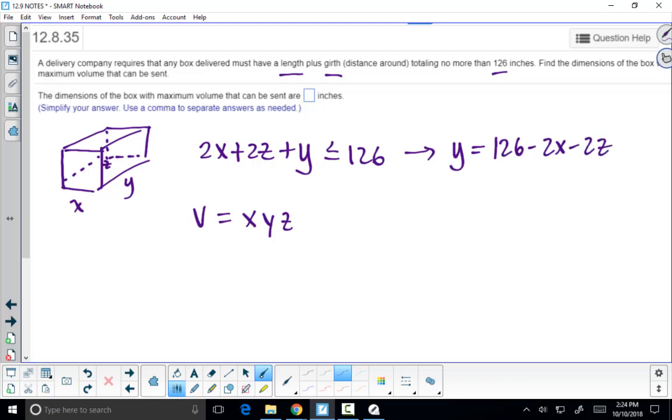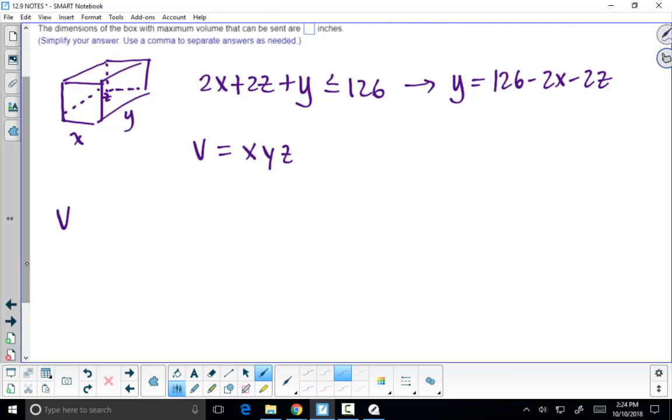We plug that in so that our volume is x times that times z, giving 126xz minus 2x squared z minus 2xz squared. That's the volume as a function of x and z.